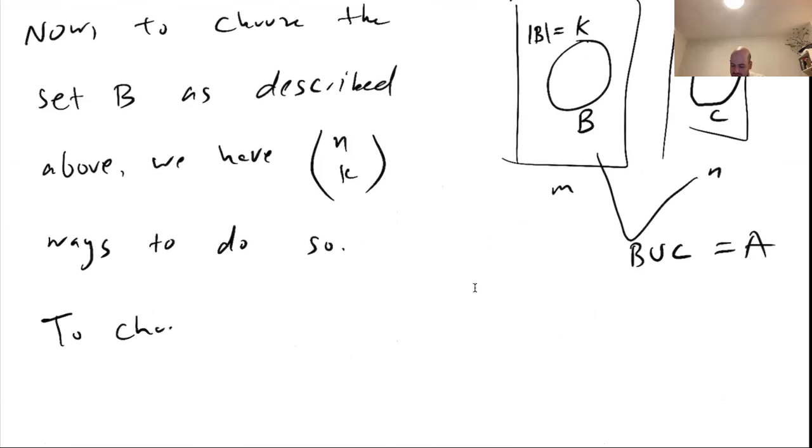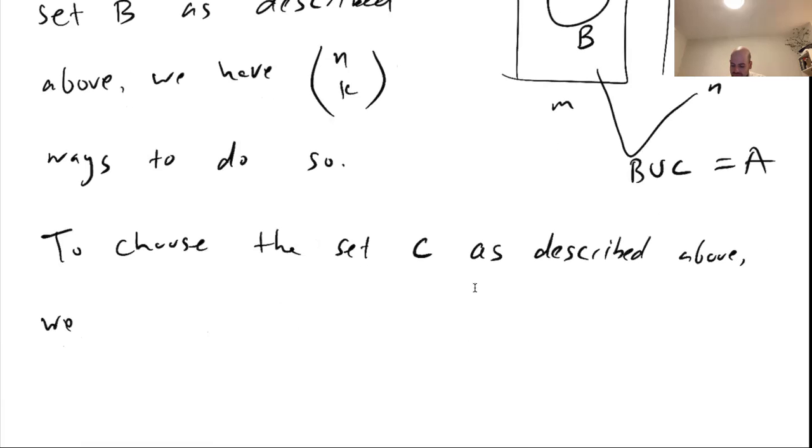To choose the set C as described above, we have M choose R minus K ways to do so.